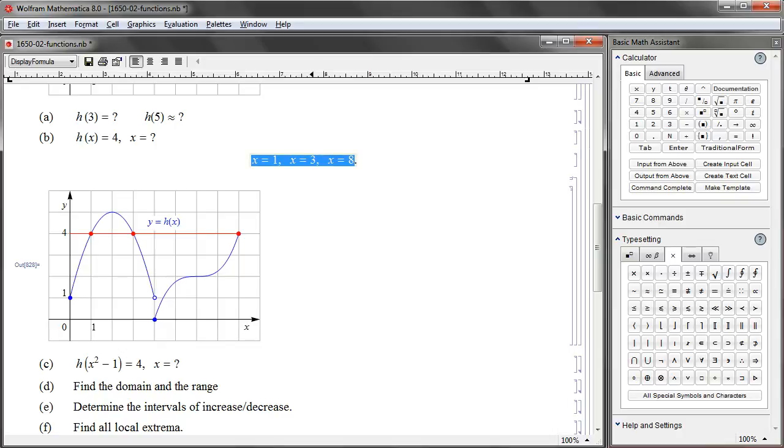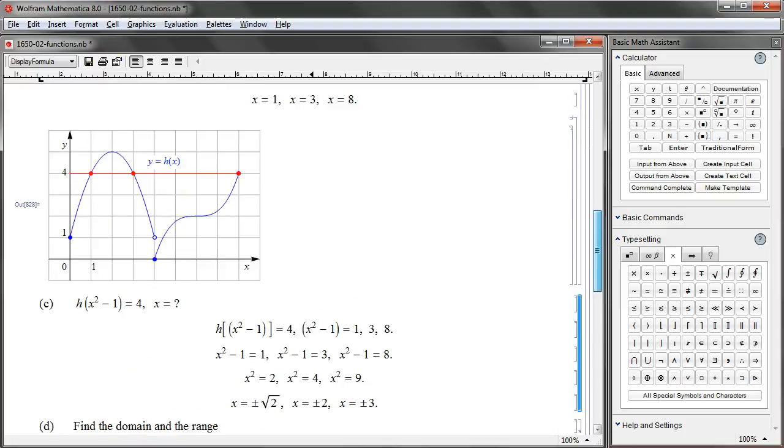This time we have h of x squared minus 1, and do we have to draw this new graph? That's going to be complicated. So what do we do? We use the previous result. The inside, the x-coordinate, has to be 1, 3, or 8 respectively.